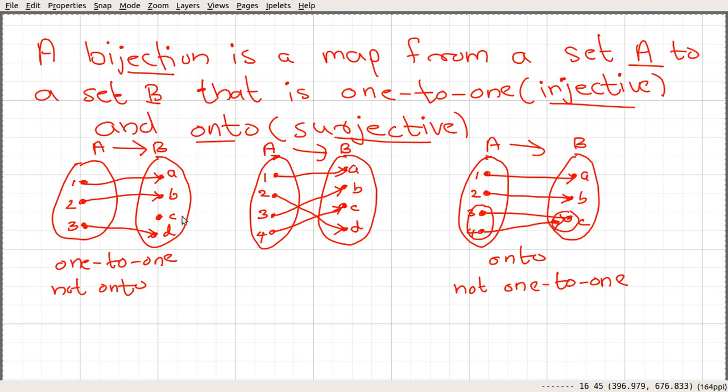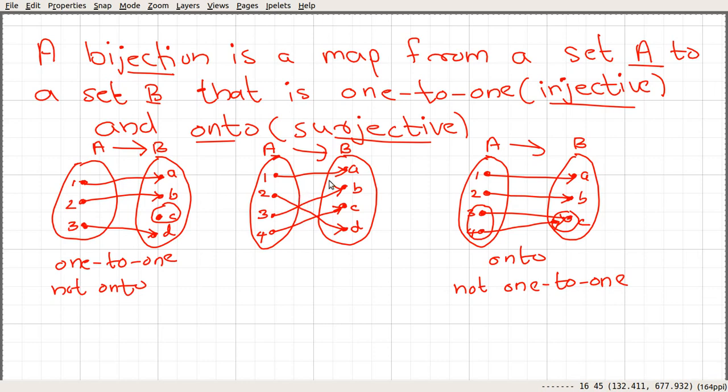Not every element of B is covered in the mapping. So we can see that this C is not covered by any of the elements in this set, and because of that it is not onto, but it is one to one.